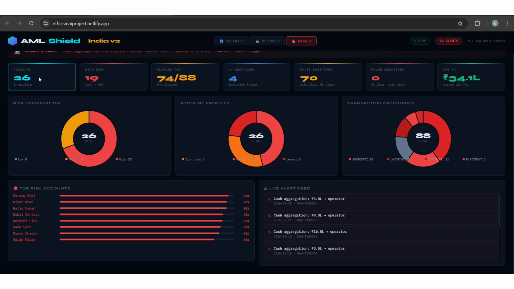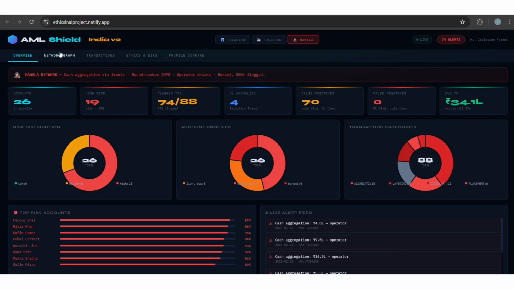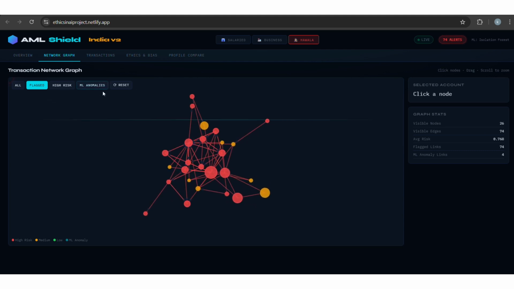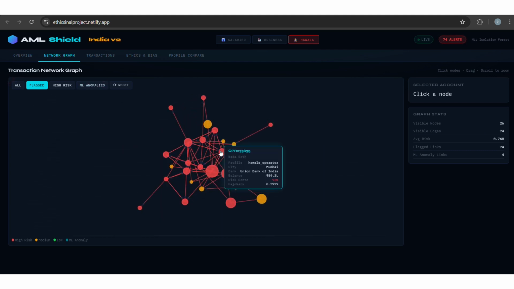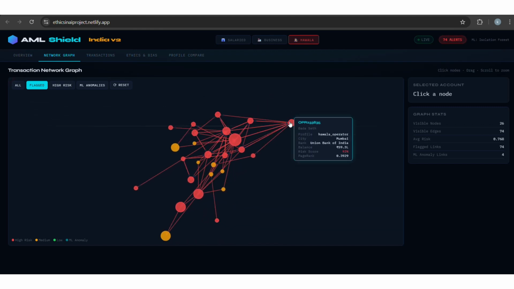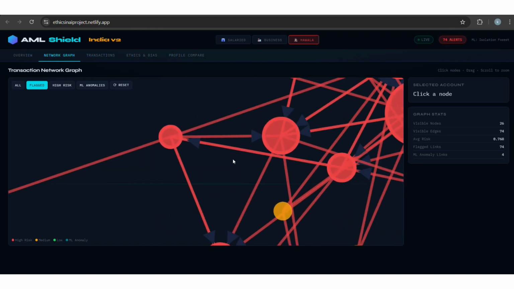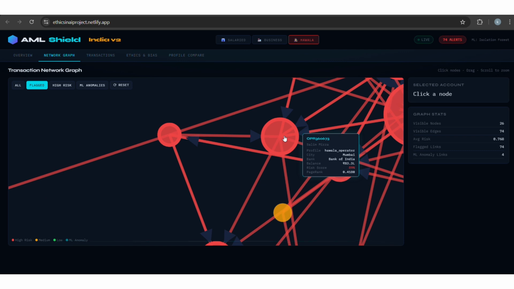Moving to the Network Graph tab. This is a force-directed graph built with d3.js where every node represents an account and every directed edge represents a transaction.